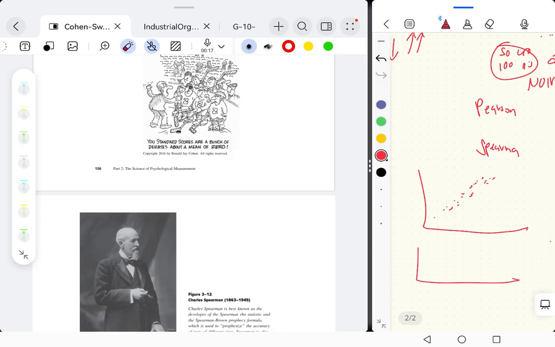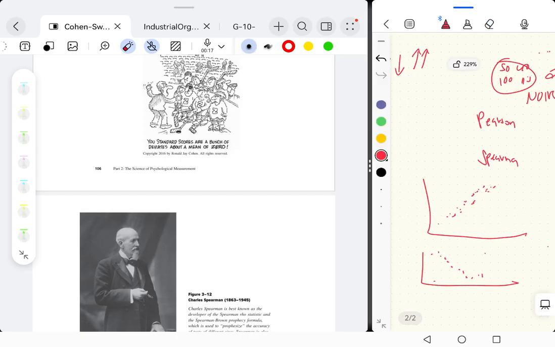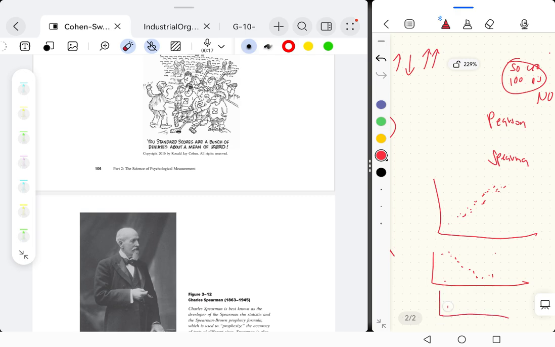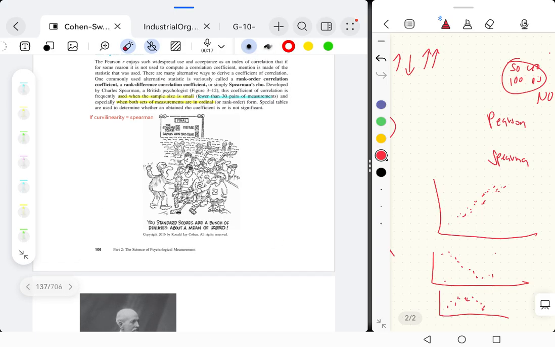Same goes for the negative correlation, but it goes down, like this. But curvilinearity is like this, guys. Pa-curved siya. So when your data is curved or has curvilinearity, you can actually use the Spearman technique.